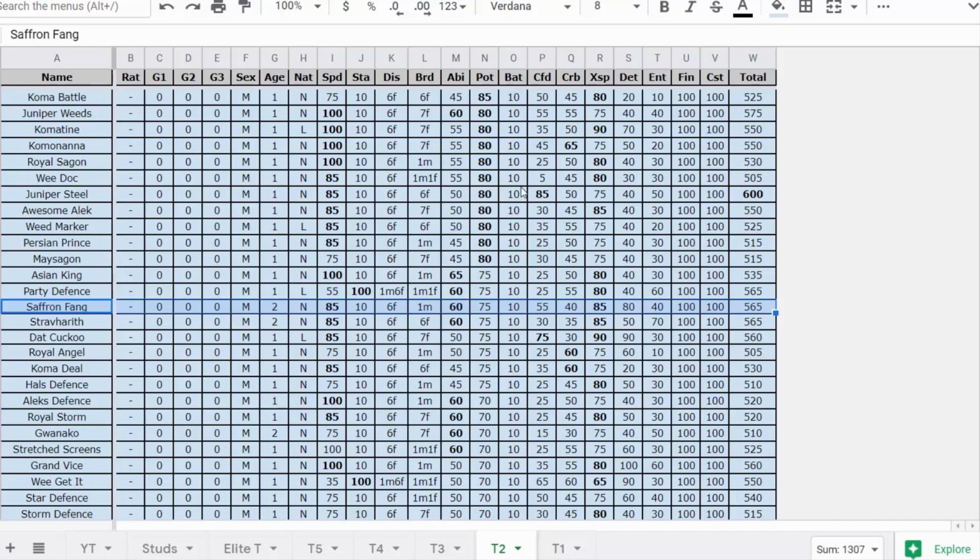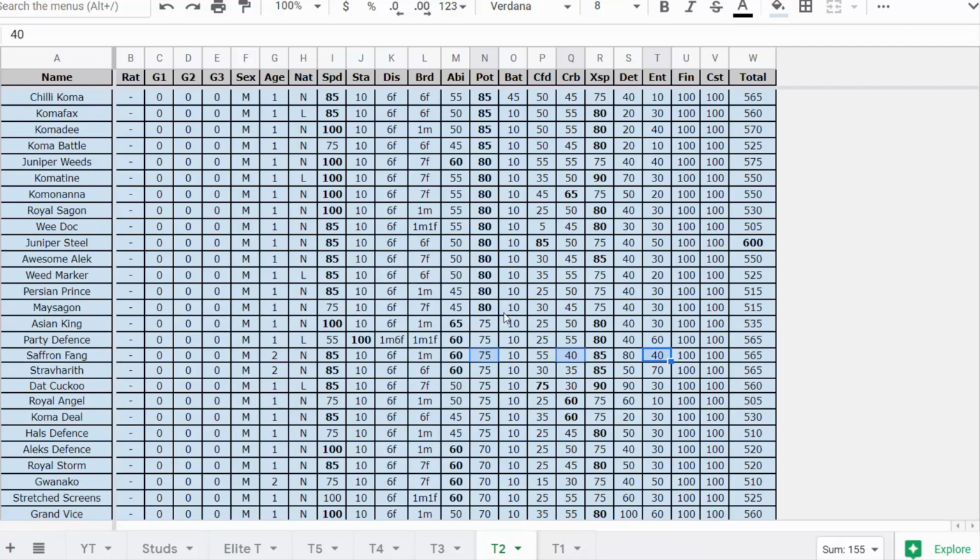So we look at Saffron Fang, and if Saffron Fang is like the minimum we want on this list, where did it fail? Potential. Didn't have 80 potential. Okay, so maybe that's a 75 we keep. Cruising burst 40, enthusiasm 40. Okay, maybe those are our new low points.